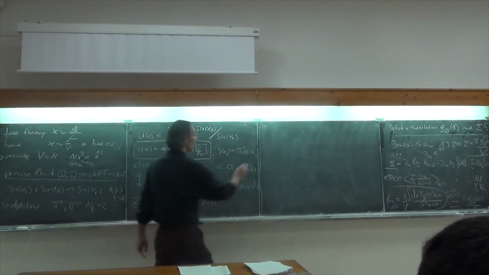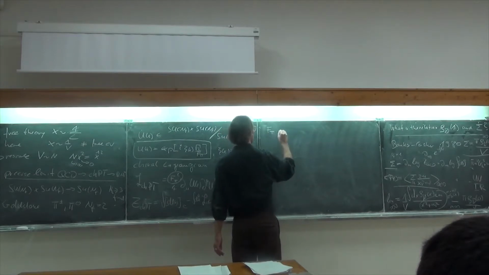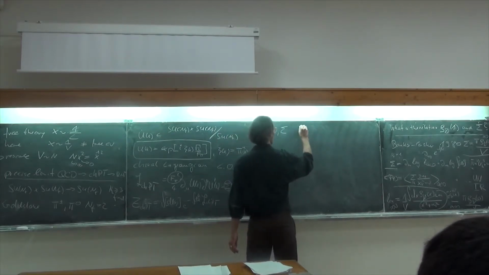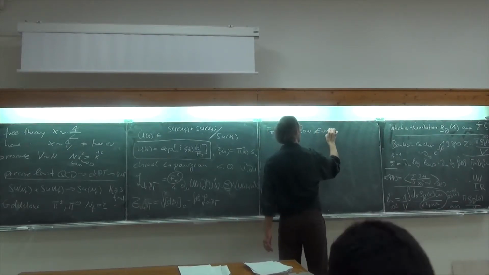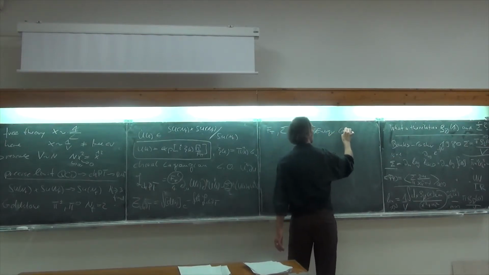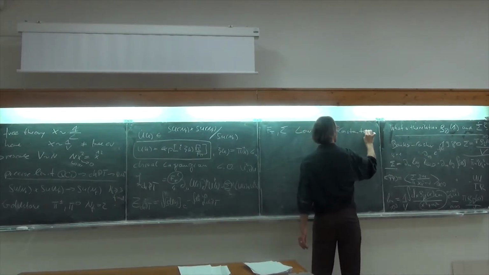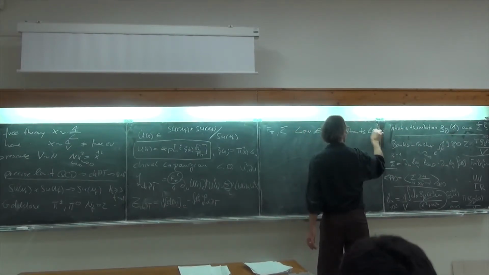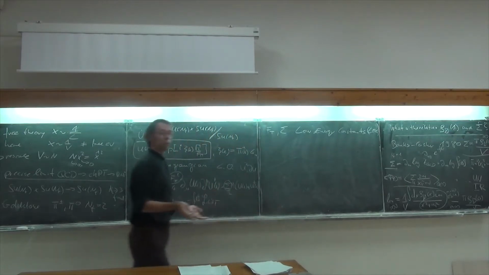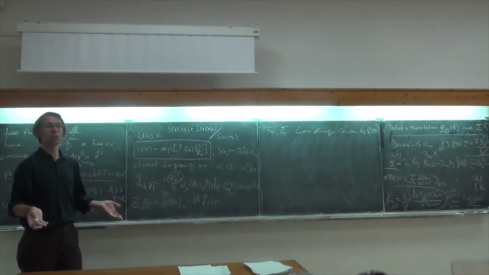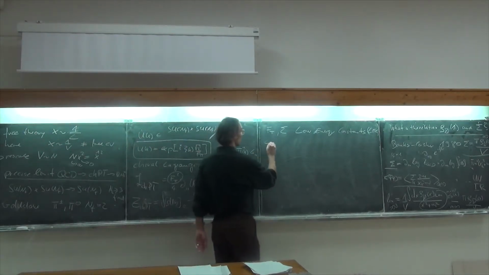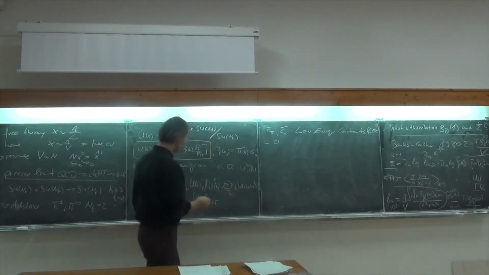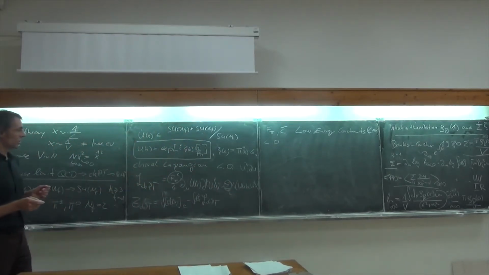So these are what are called low energy constants, and they don't follow from QCD. You have to compute them, let's say, using lattice simulation, and these are only the leading order ones. Once you have higher order terms, there will be more. They're called L6, L7, L8, etc.